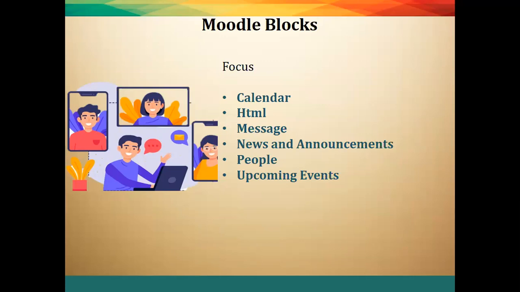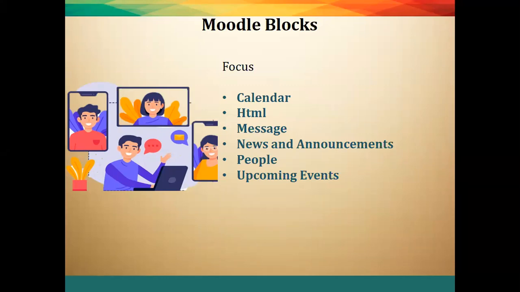Like the upcoming events, you simply put in what the activity is and it shows right there for the students. People has a list of all the participants in your course. News and announcements is where the students can go to see the different news or notices that you have posted. Messages, if you're doing private messages or you want to send messages out to the entire group, each person sees it. And the calendar is for you to set up different dates, whether assignments graded or not, just different events that are in your course.